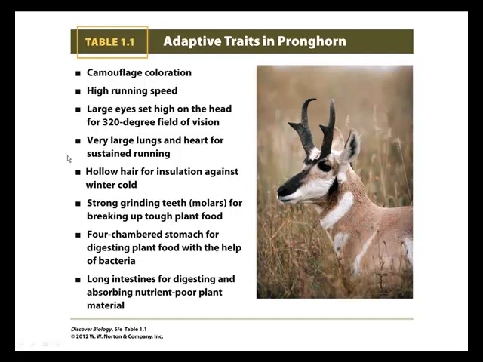Very large lungs and heart, hollow hair for insulation, strong grinding teeth for breaking up plants, four-chambered stomach for digesting plant food with the help of bacteria, long intestines for digesting and absorbing nutrient-poor plant material. So this is basically saying they can live on very little. They can live on little, and they are extremely adept at escaping predators. So not bad for the pronghorn.